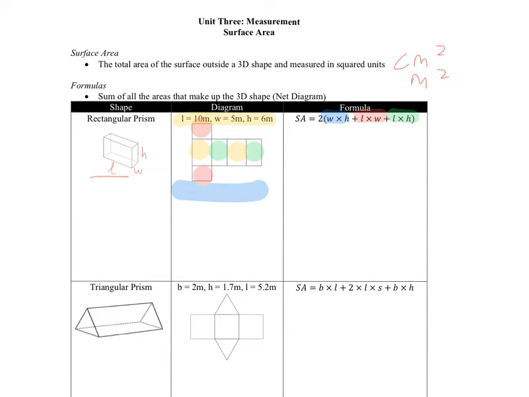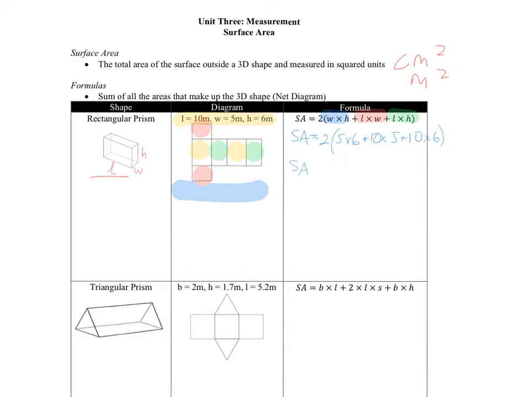So surface area equals 2 times, we have width times height, so 5 times 6, plus length times width, so 5 times 10, plus, and we have length times height, 10 times 6.